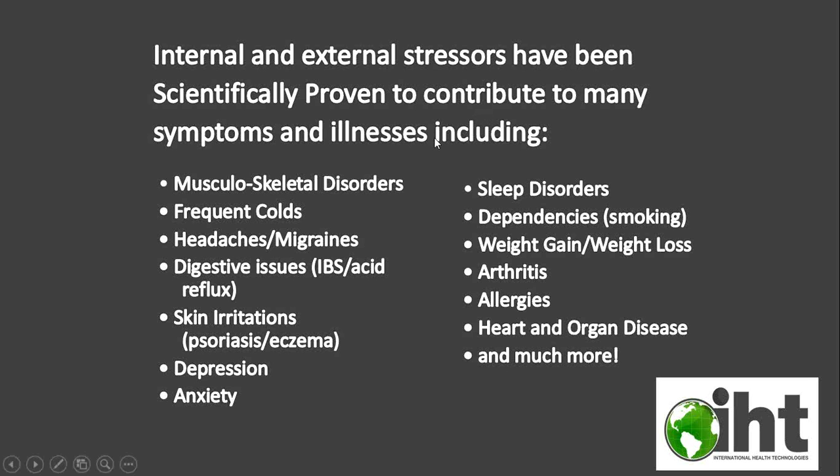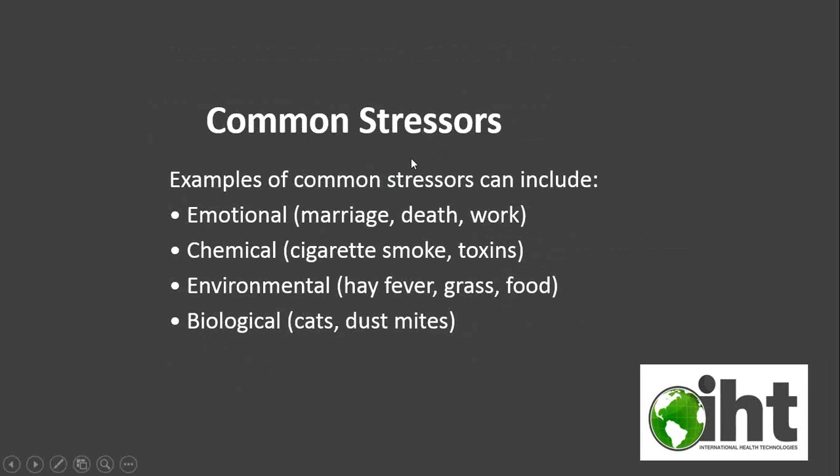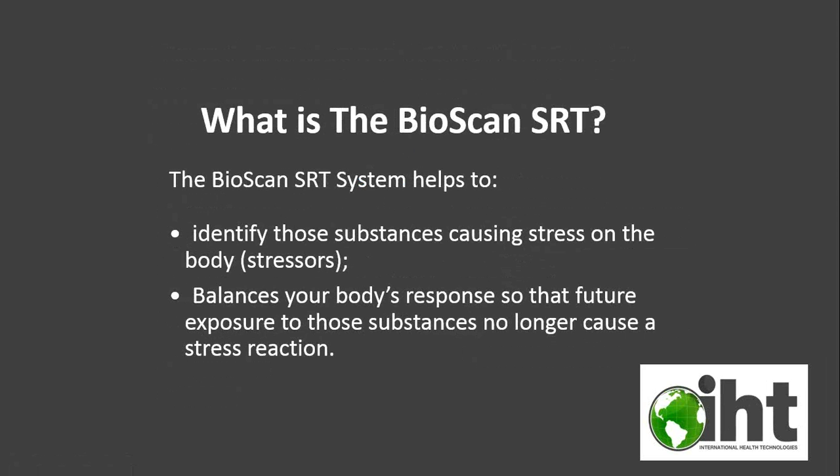In fact, anything that happens within your body that goes bad is typically associated with stress. Common stressors would be emotional, such as marriage, death, or work; chemical, such as cigarette smoke or toxins; environmental, such as hay fever, grass, or food; as well as biological, such as cats or dust mites.